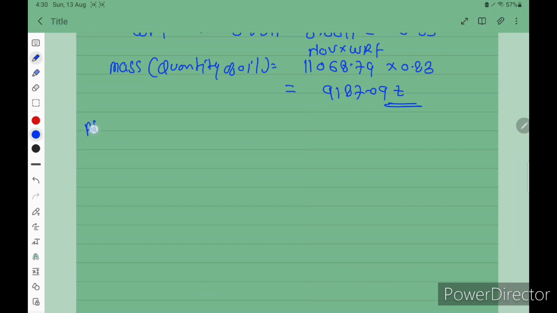After lighterage, when we check the ullage by radar gauge, we use the radar gauge formula here. So first I will draw this diagram.